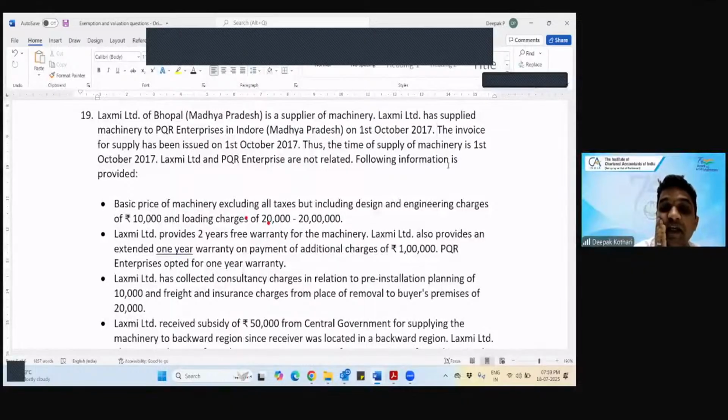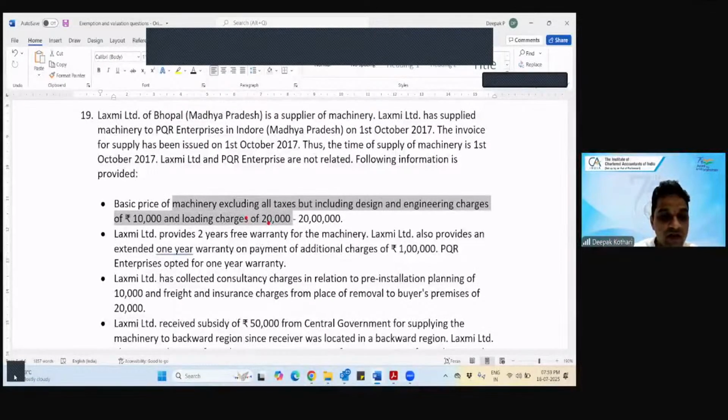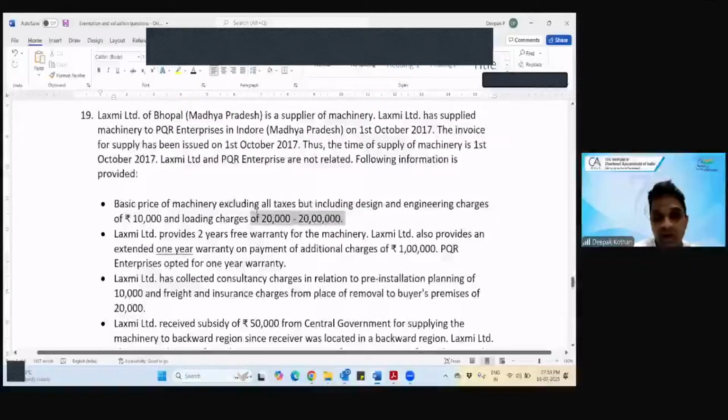Lakshmi Limited and PQR Enterprises are not related, and the following information is provided. Basic price of the machinery, excluding all taxes, but including design and engineering charges of 10,000 and loading charge of 20,000, is 20 lakh rupees.